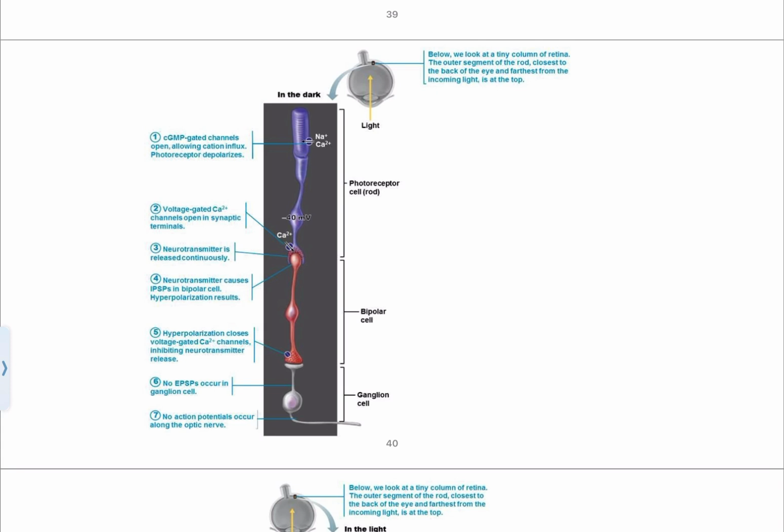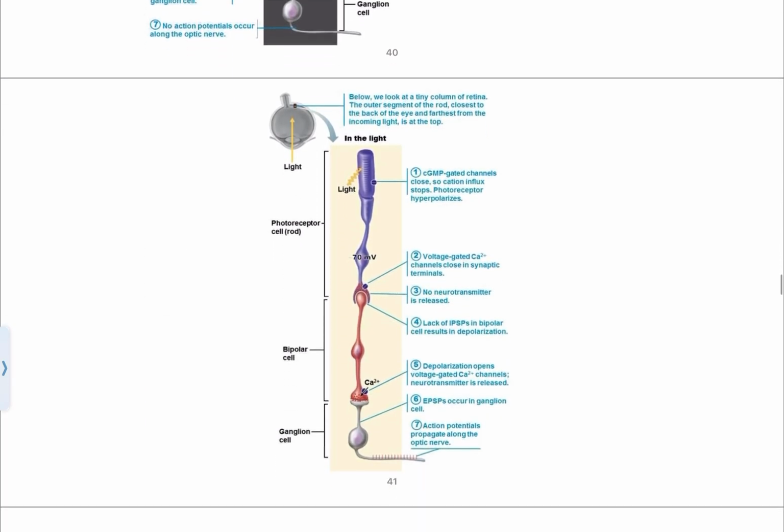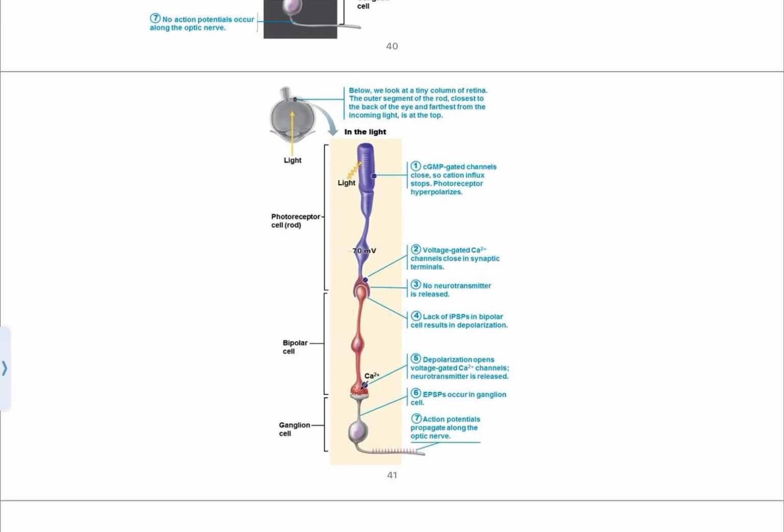Once we have hyperpolarization, this is going to cause our voltage-gated calcium channels to close in our bipolar cell, and this is not going to allow for neurotransmitter to be released from the cell. So we have no excitatory postsynaptic potentials occurring in the ganglion cell, and no action potentials occur along the optic nerve. The opposite is going to be true if we're in the light.